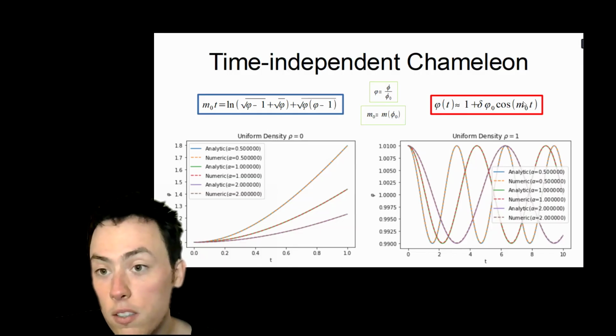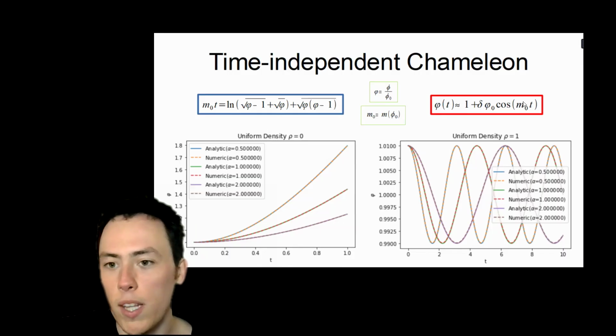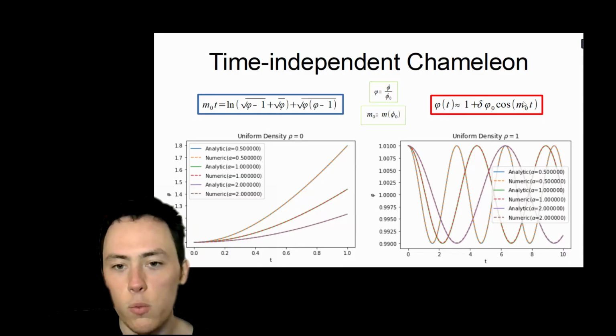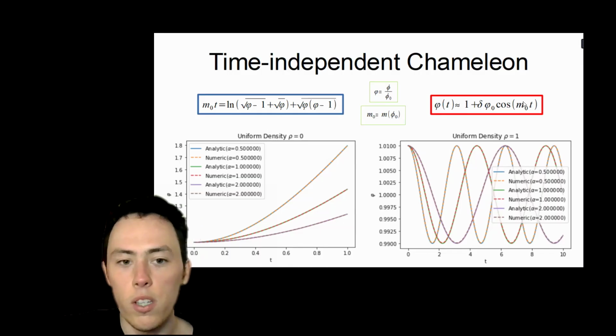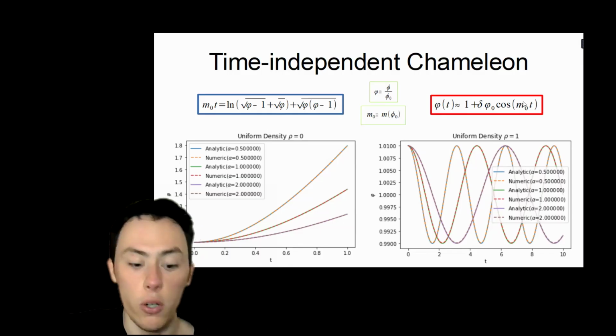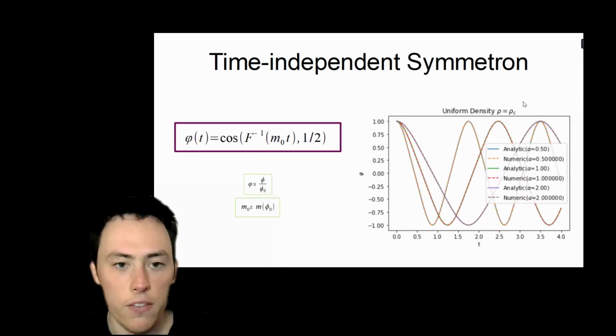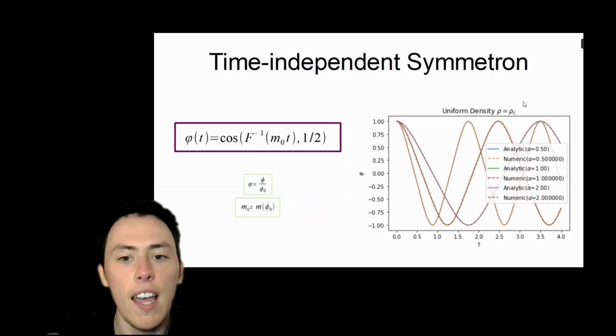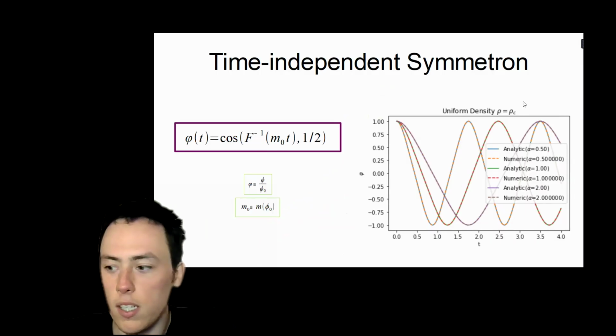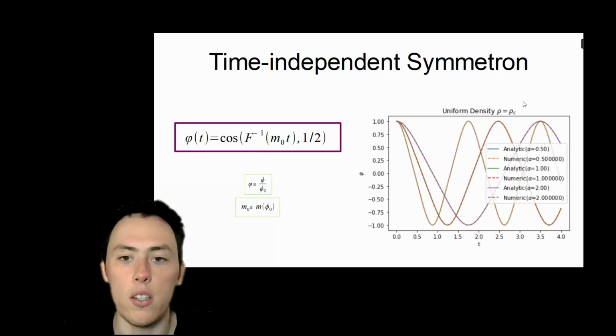On the right, we have an approximate solution for when the density is fixed at some value. As you can see, the numeric time solver and the analytic solutions match very well. Again, for the symmetron, here the fixed density is at the critical density, and again we get strong agreement between the analytic and the computational results.